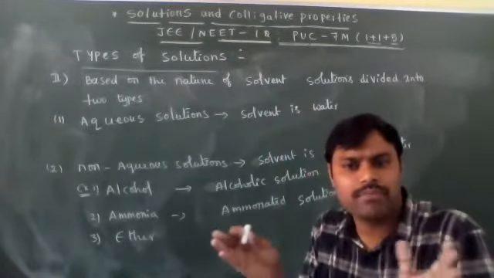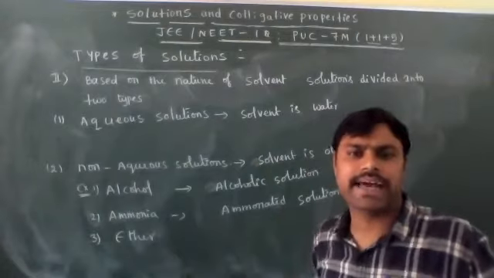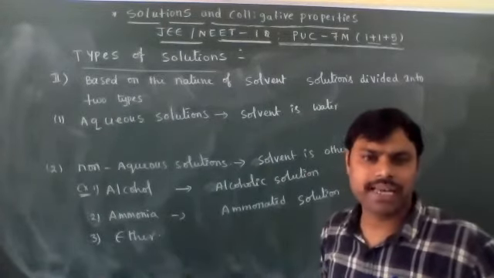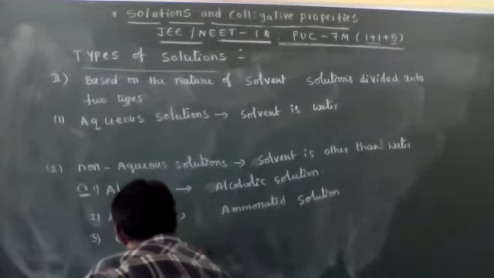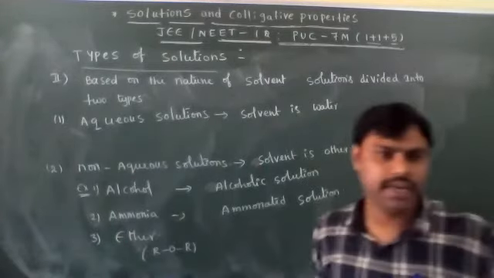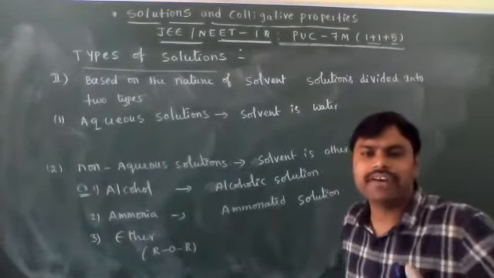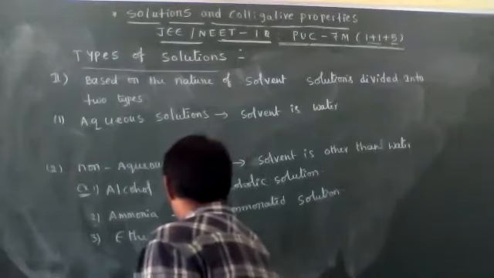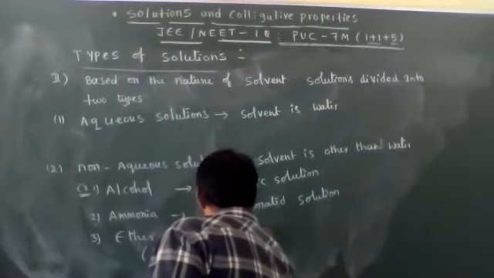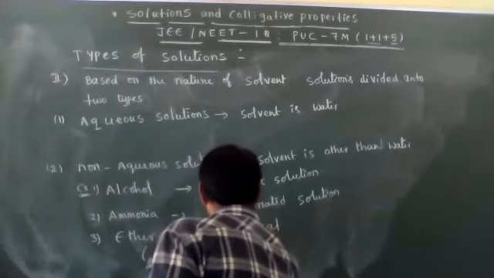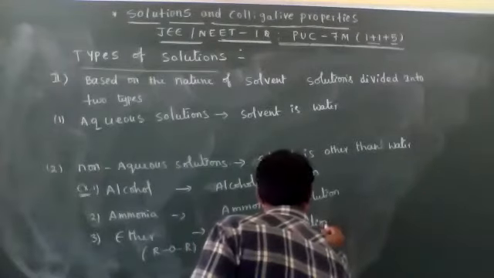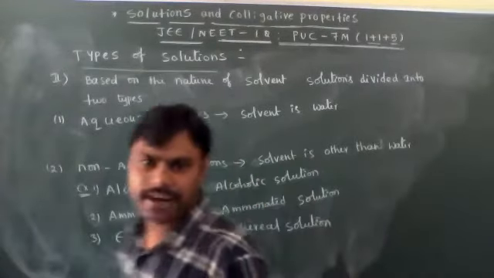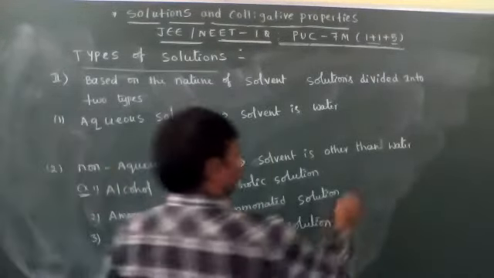Two alkyl groups bonded to an oxygen atom through single bonds is known as an ether, with general formula R-O-R. If ether is used as a solvent, such solutions are called ethereal solutions.